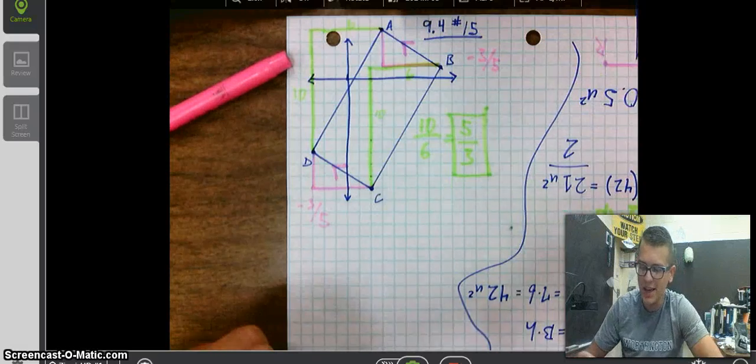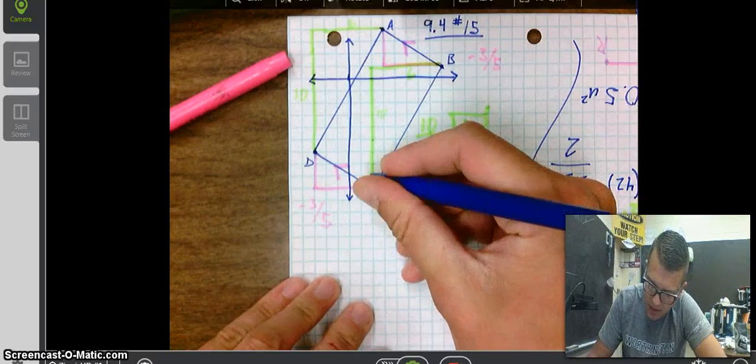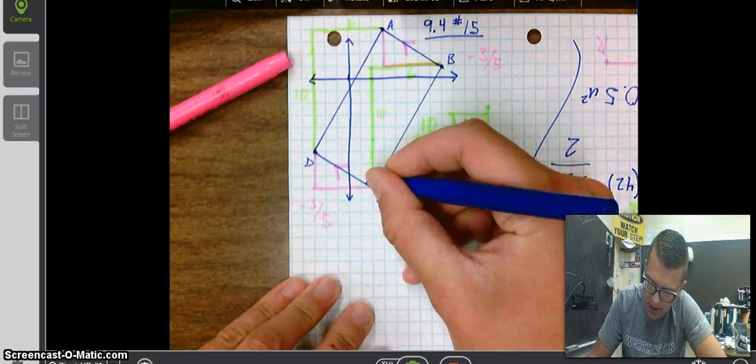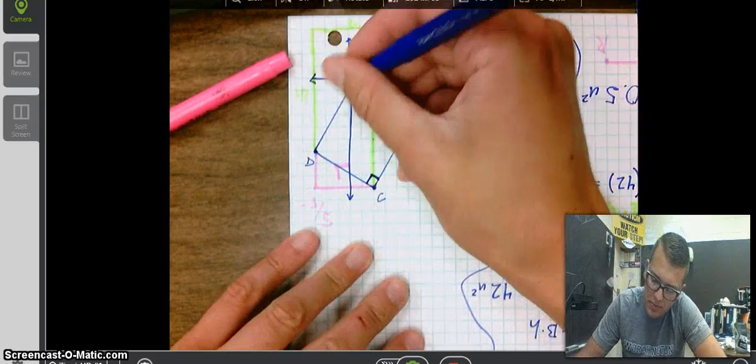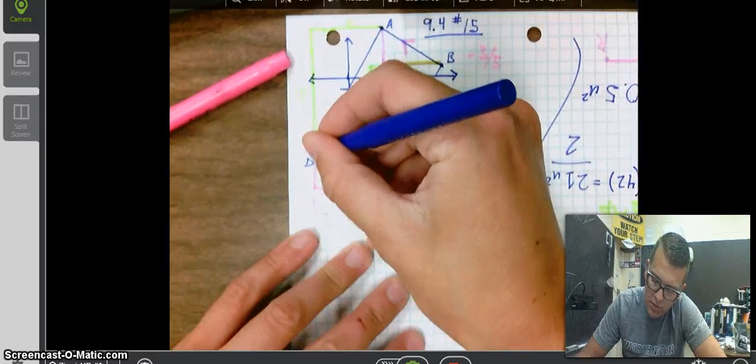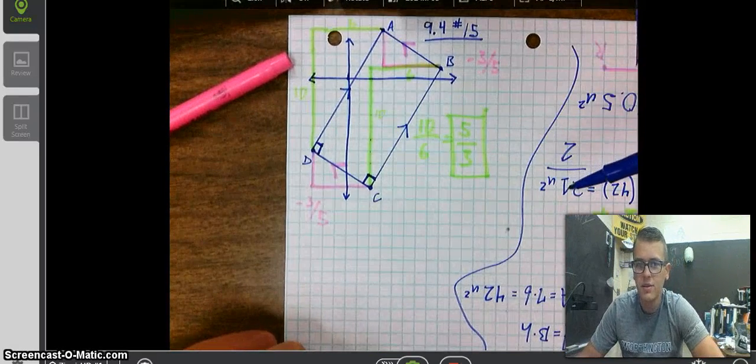So that means that they are in fact perpendicular to each other. So I can go ahead and notate down here that this is a right angle. So since we see that they have the parallel relationship and their corners make right angles, we know that this is in fact a rectangle.